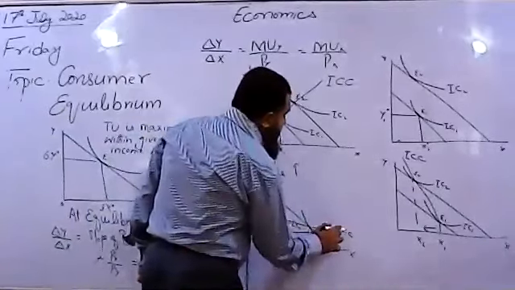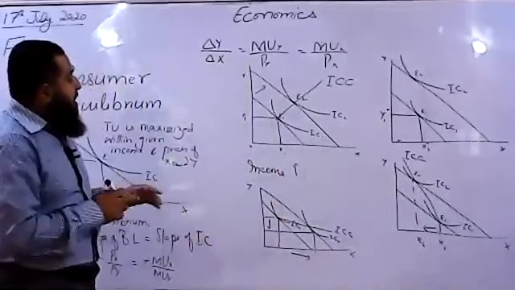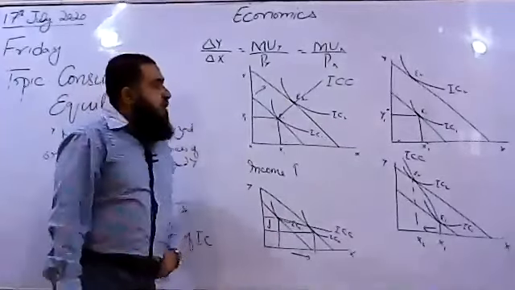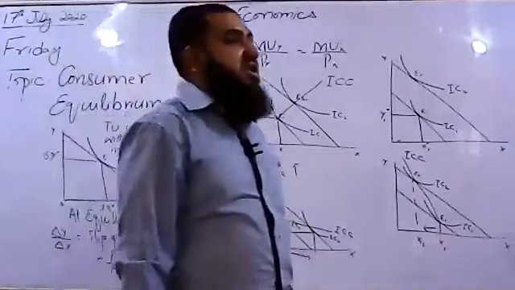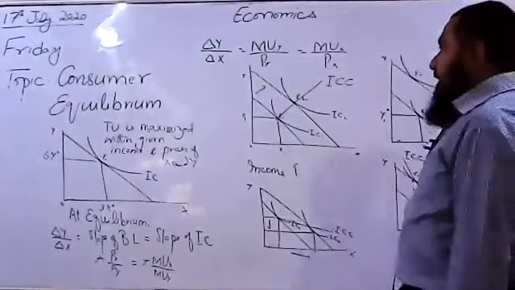So when there is a fall in the consumption of one commodity due to an increase in income, that commodity will become inferior, and a commodity where the consumer is increasing his consumption due to an increase in income, he will be calling that commodity income elastic or a normal good as well.